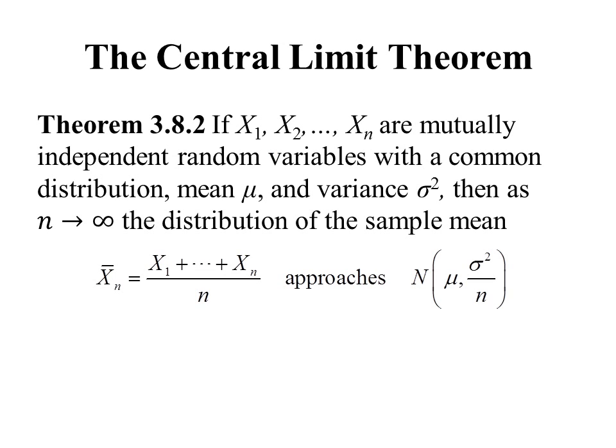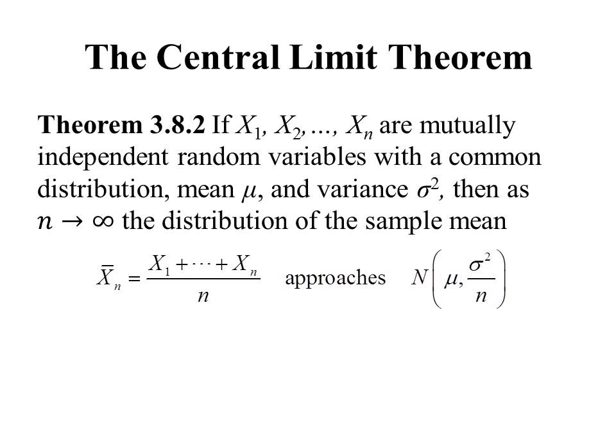Okay, so the central limit theorem says that if we have n mutually independent random variables with a common distribution, mean mu, variance sigma squared, then as n, the sample size, approaches infinity, the distribution of the sample mean, the same sample mean that we just defined earlier, approaches a normal distribution with mean mu and variance sigma squared divided by n.